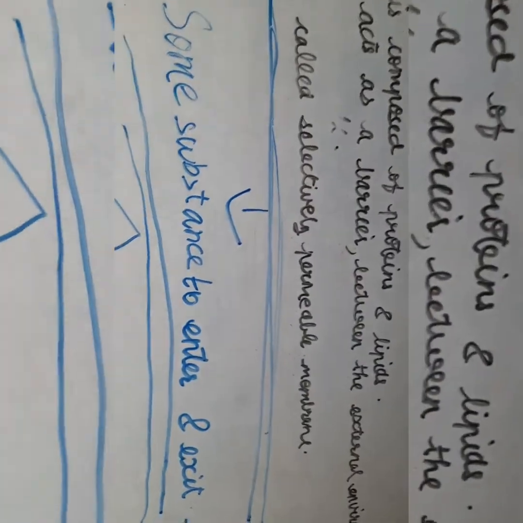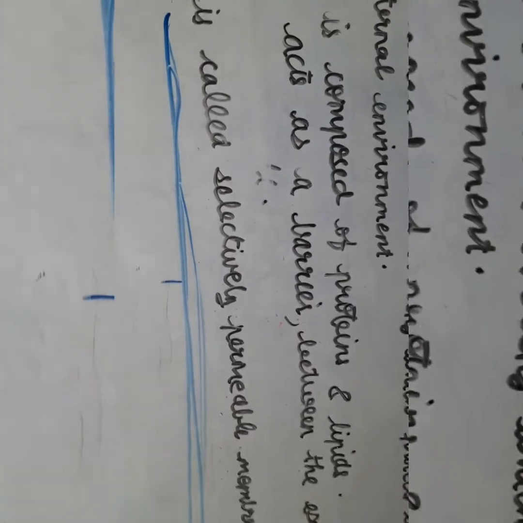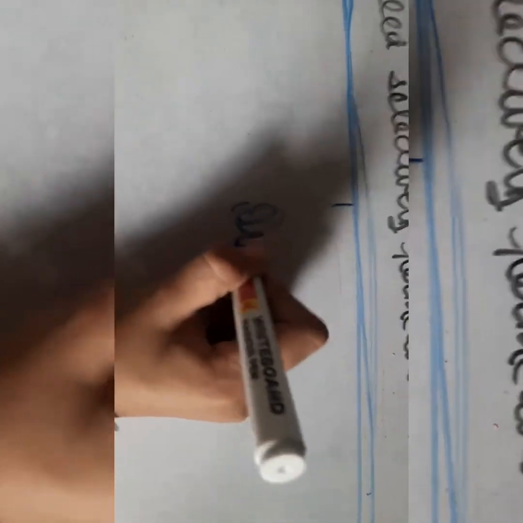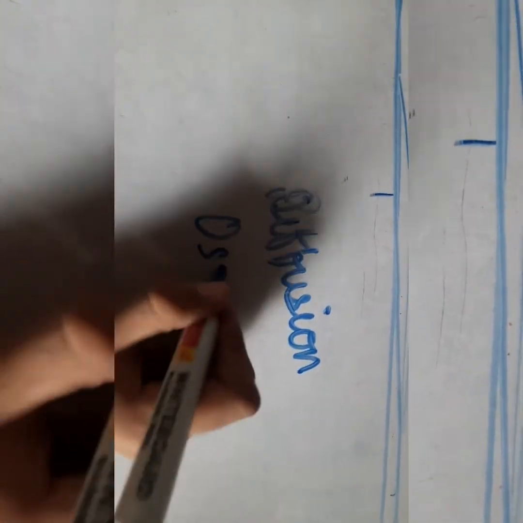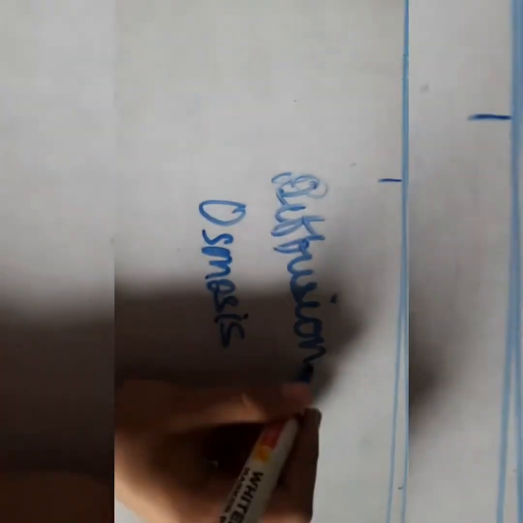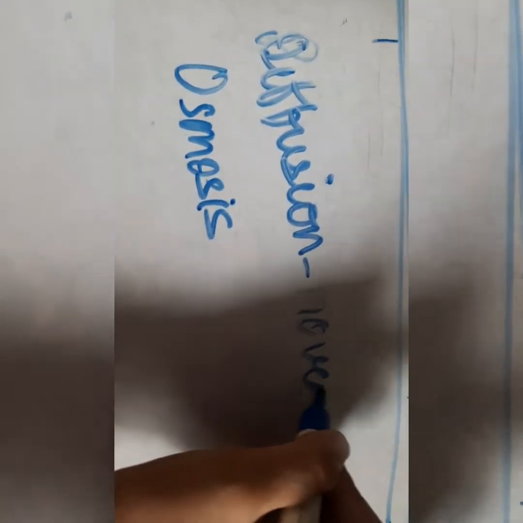As we have seen, the plasma membrane is a selectively permeable membrane, and due to it two processes take place. One is diffusion and one is osmosis.